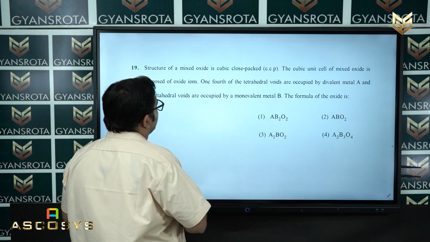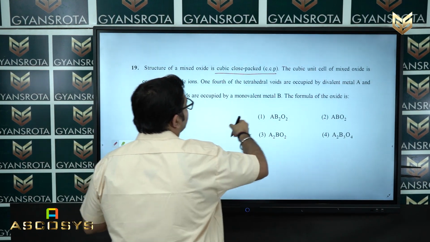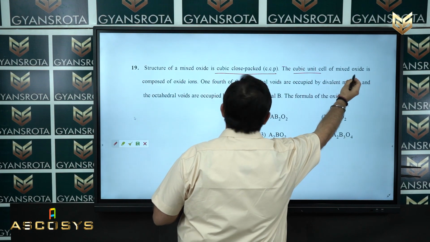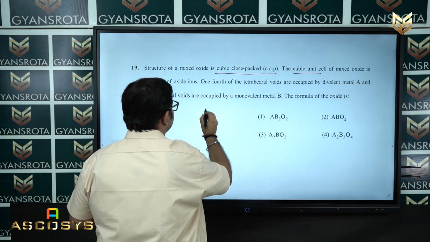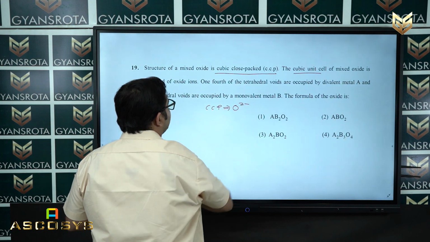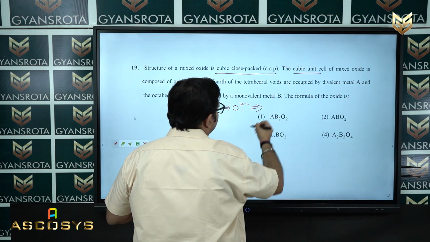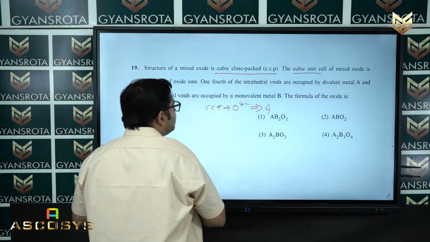They are giving a cubic closed packing, and this cubic unit cell is occupied by oxide ions, that is CCP. So what is the total number of atoms, or you can say total lattice count for this? It will be 4.